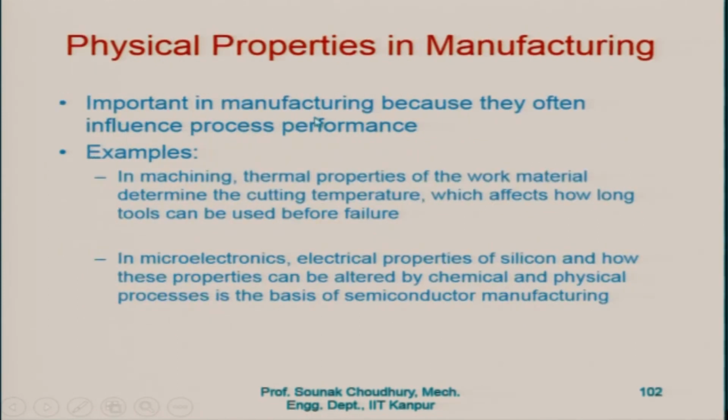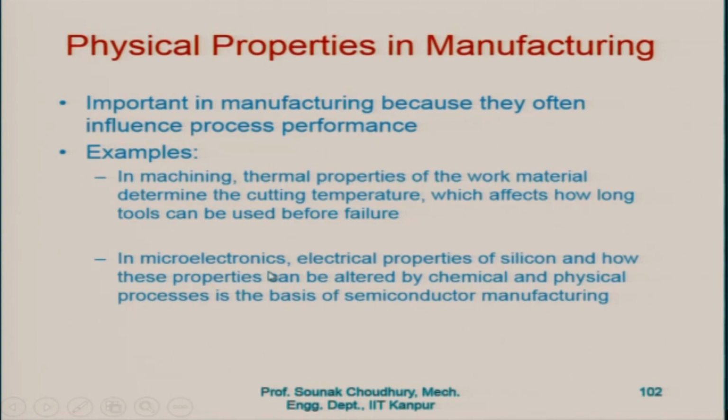Physical properties are important in manufacturing because they often influence the process performance. I have given you enough examples in between on why these properties are important for manufacturing. Other examples: in machining, the thermal properties of the work material determine the cutting temperature, which affects how long tools can be used before failure.